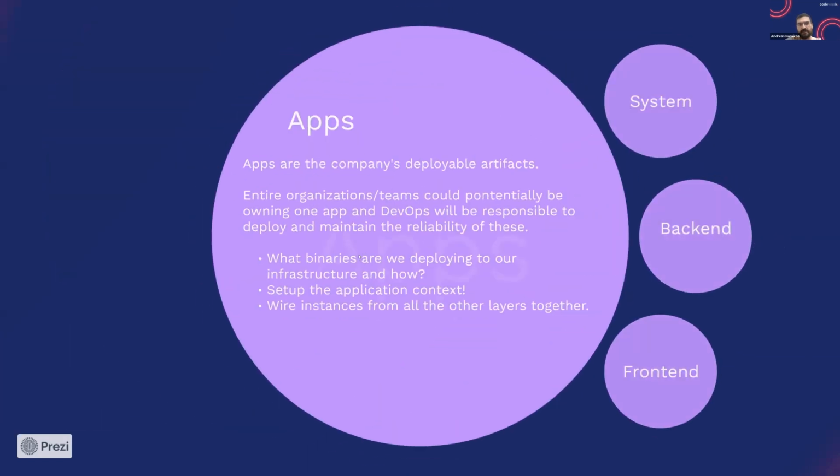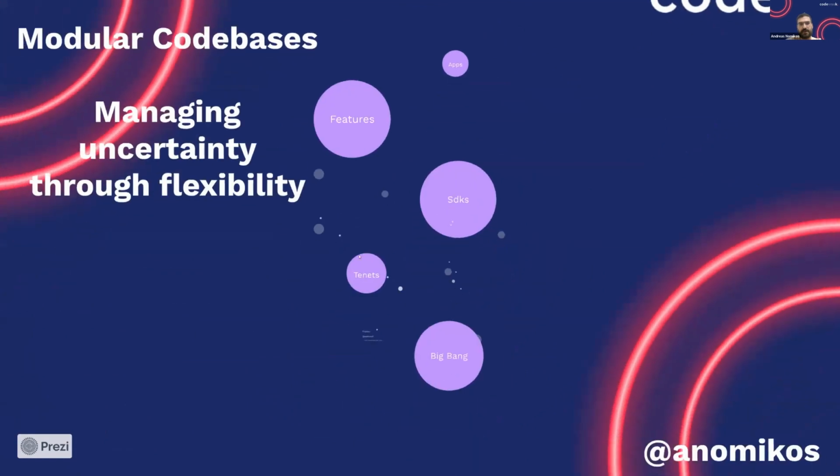Overall, this structure should help you navigate the different uncertainties from a small startup to a large organization. By thinking about these different layers, you should be able to structure your code base in a much more manageable way.